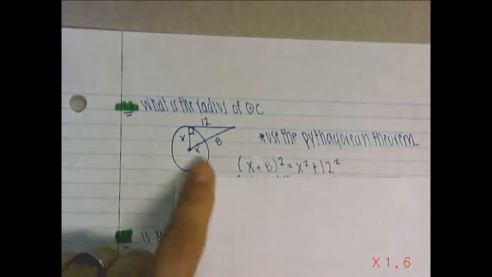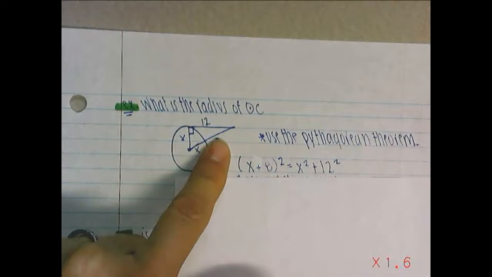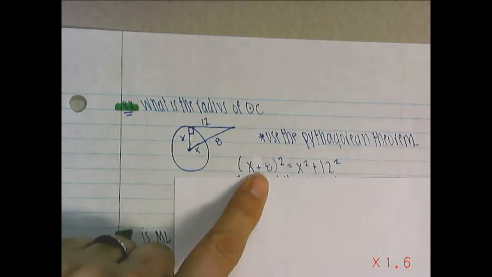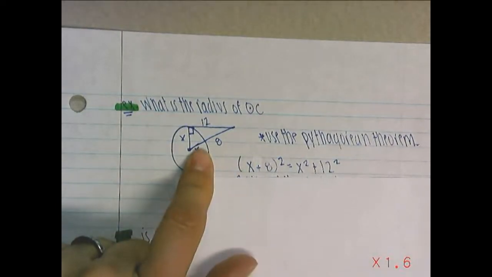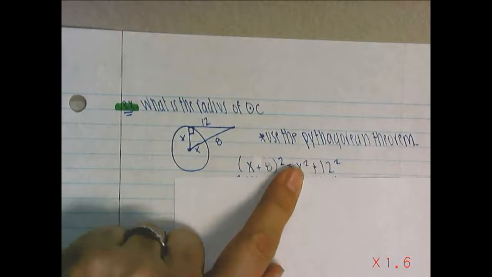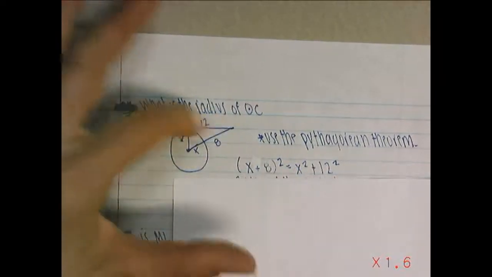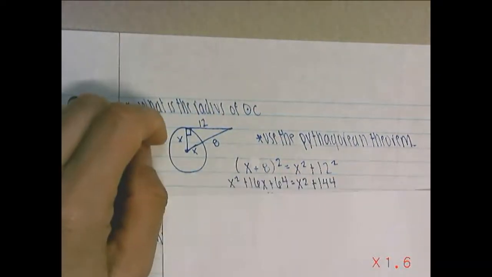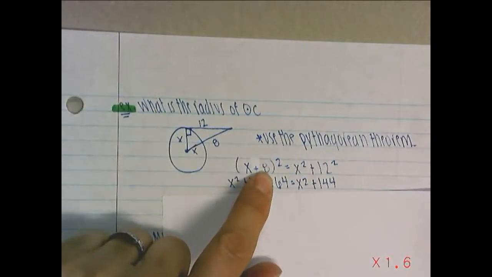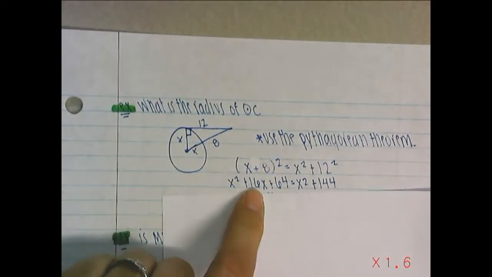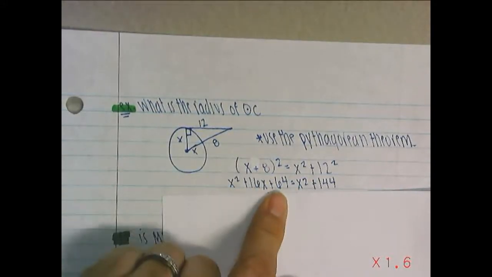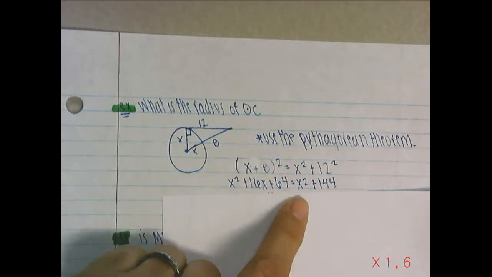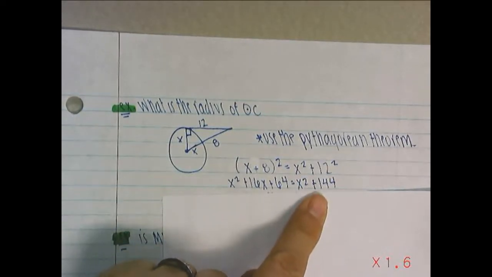What you're going to do is take this side, which would be your hypotenuse, x plus 8, and square it. You're going to take this side, x, and square it, and you're going to take this side, 12, and square it. So when I square x plus 8, I get x squared plus 16x plus 64 equals x squared plus 144.